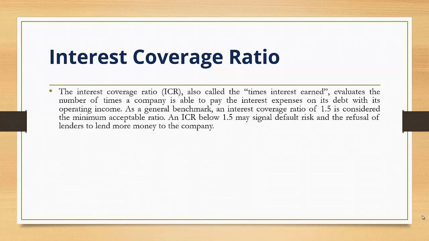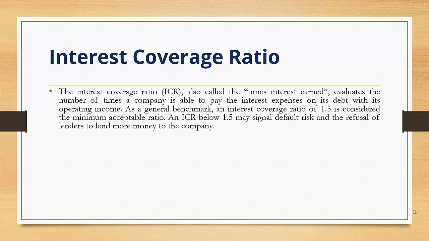The interest coverage ratio, in short we can write it as ICR, also called the times interest earned. It evaluates the number of times a company is able to pay the interest expenses on its debt with its operating income. As a general benchmark, an interest coverage ratio of 1.5 is considered the minimum acceptable ratio.